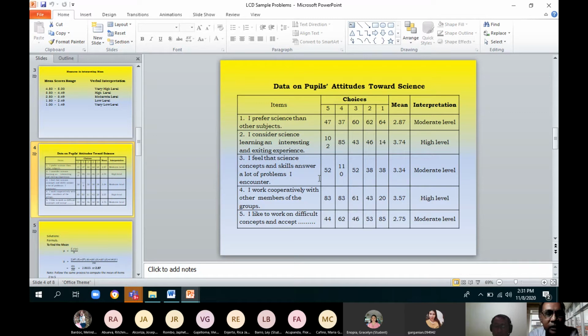This is just a sample. I feel that science concepts and skills answer a lot of problems encountered. I work cooperatively with other members in the groups. And the last, I like to work on difficult concepts and accept. So these are the items. Then the choices; you will append these in your instrument.